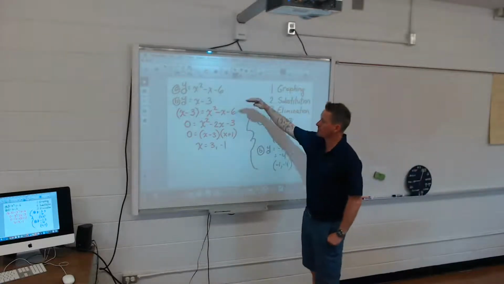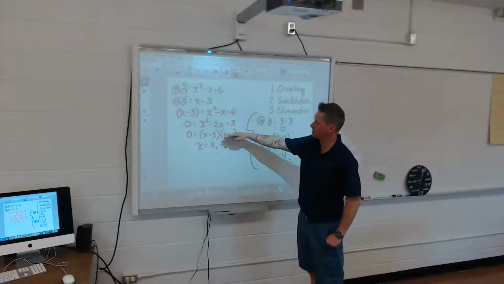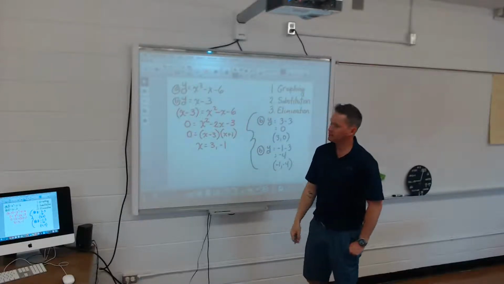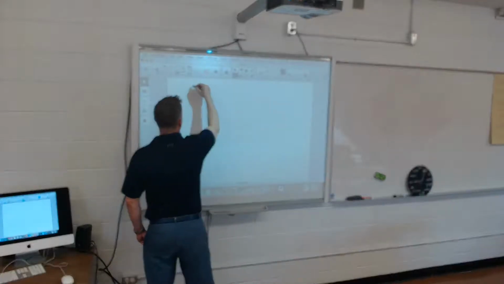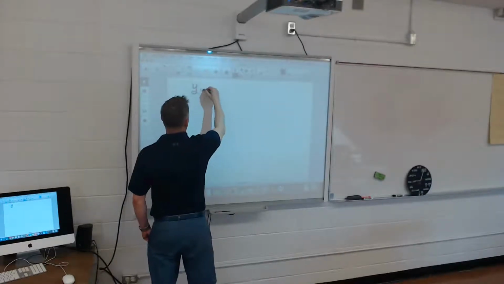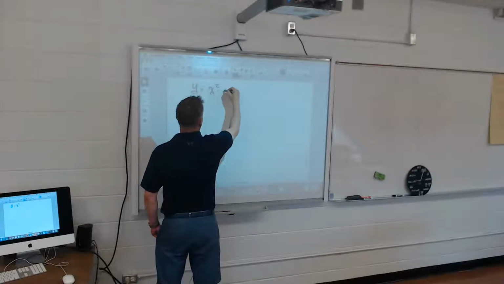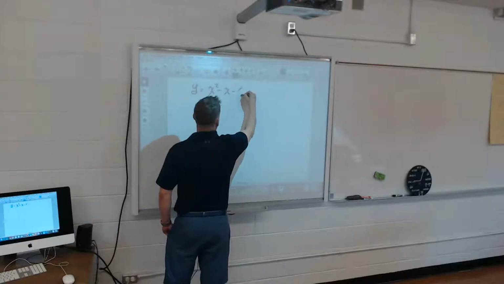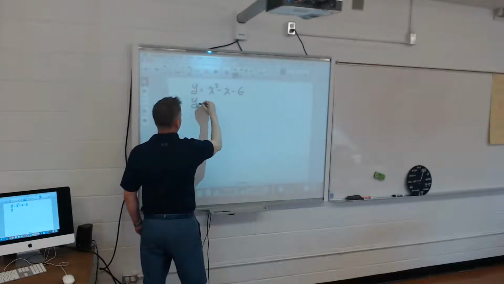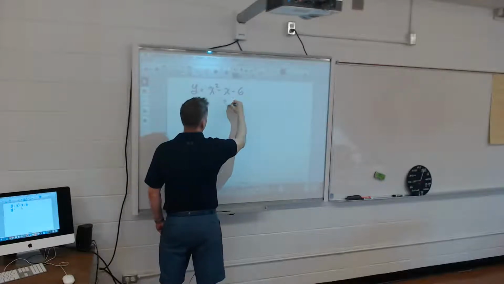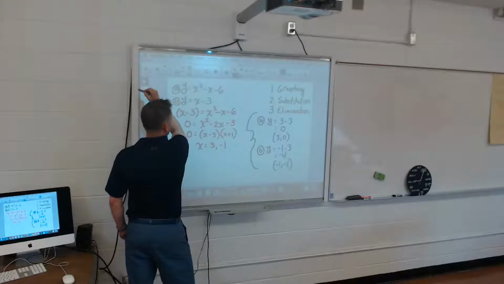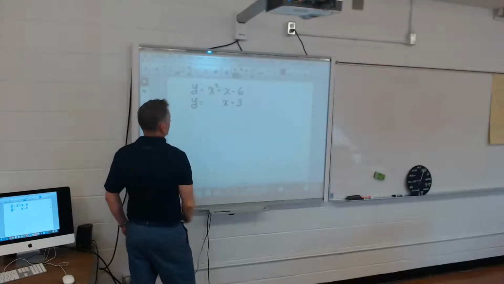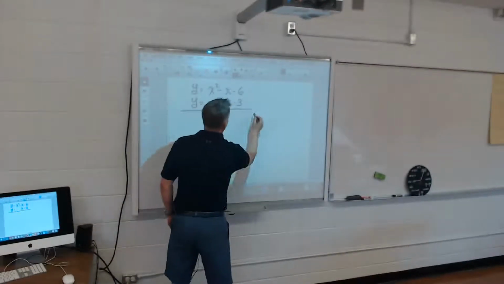So the only difference between substitution and elimination is this step right here. So let's go to the elimination method. In elimination, I have to line it up so that, all right, so I line these up.